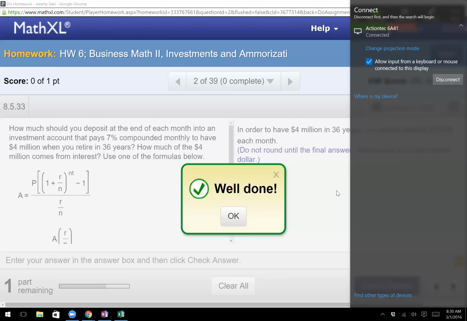So we paid basically $38,000, and we're paying a little over $1,000 a month. So it took us $38,000 to take $10,000 off the top of the house.